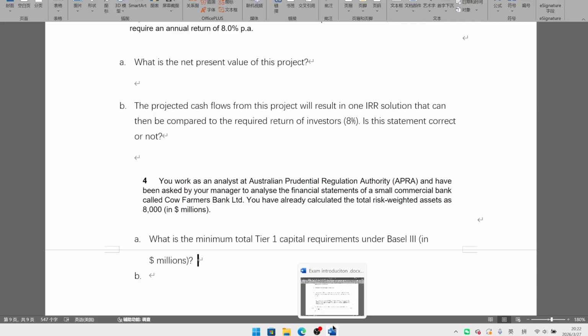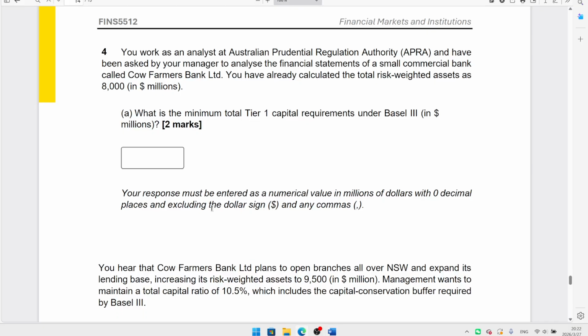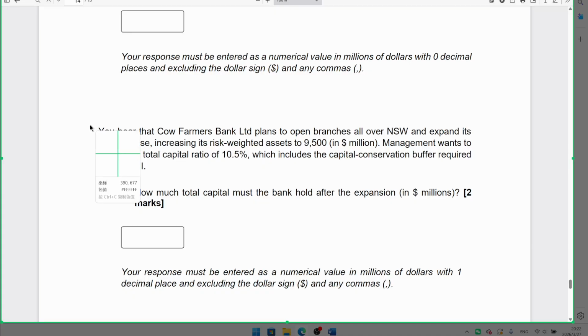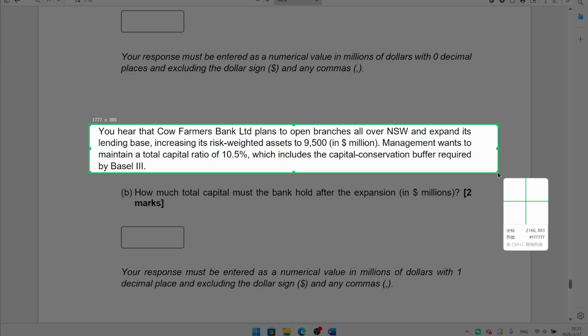So it's 6%. I totally forgot it. I need to review Basel. I'm lucky that I found a question.